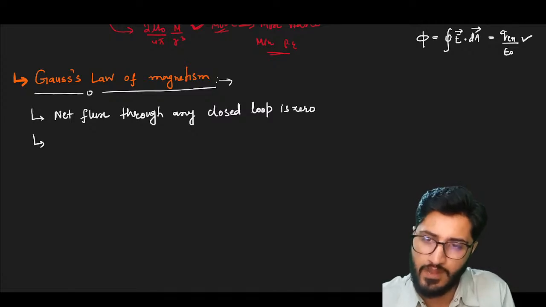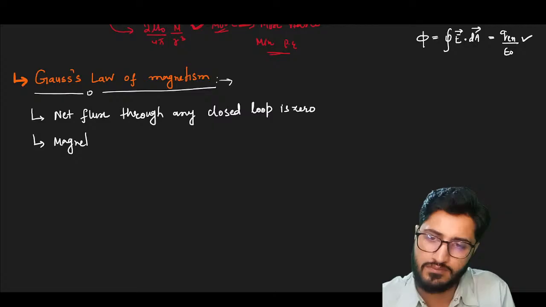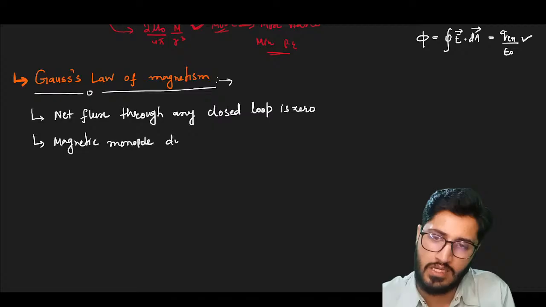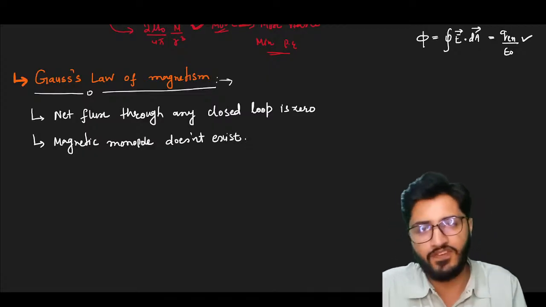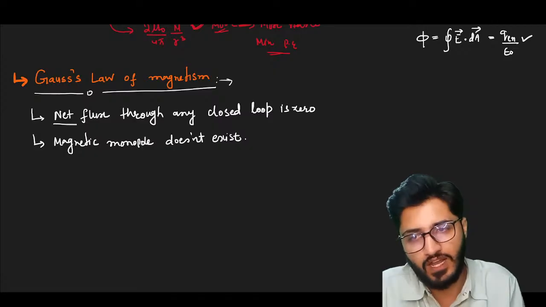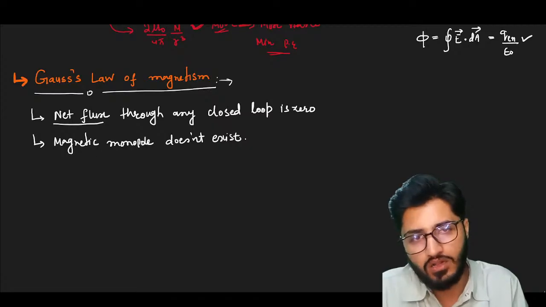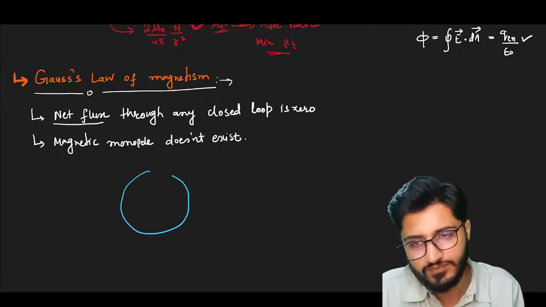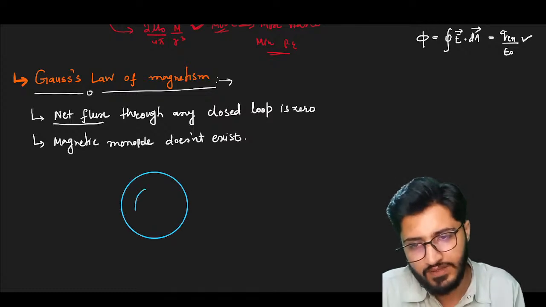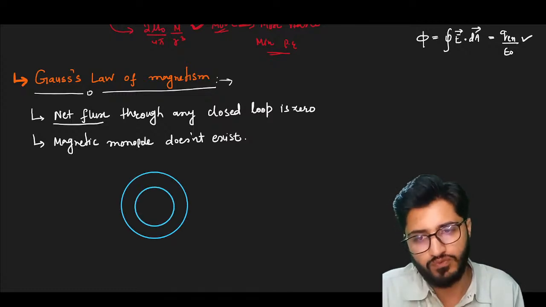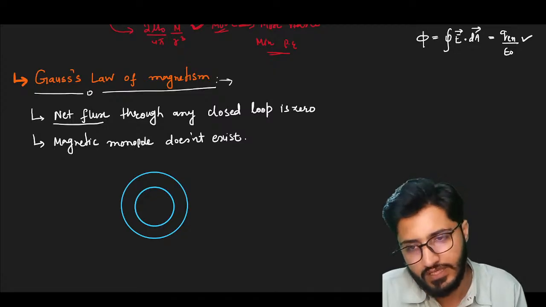The second point is that magnetic monopoles don't exist. This simply indicates that if we have magnetic flux, meaning magnetic lines, you know that magnetic lines are always closed loops. If these are my magnetic lines, closed loops, we know it. Let's suppose it is going in this way.